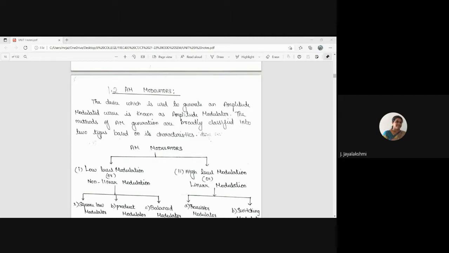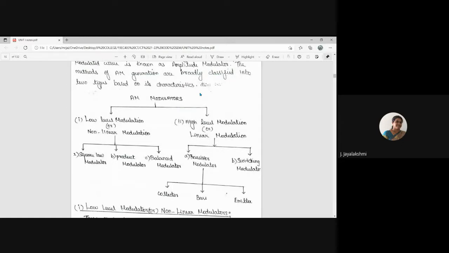So to do so, what are all the circuits involved in generating these signals? That we will discuss now. Okay. So you have got AM modulators. AM modulators can be generated by two different methods. One is called low level modulation, and another one is called high level modulation.